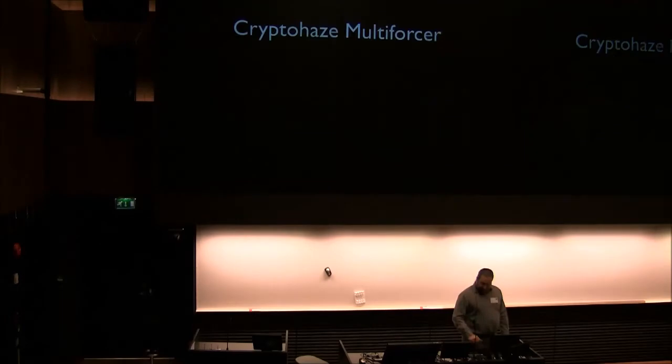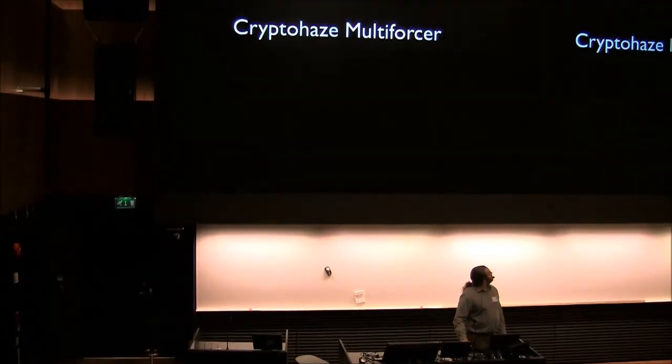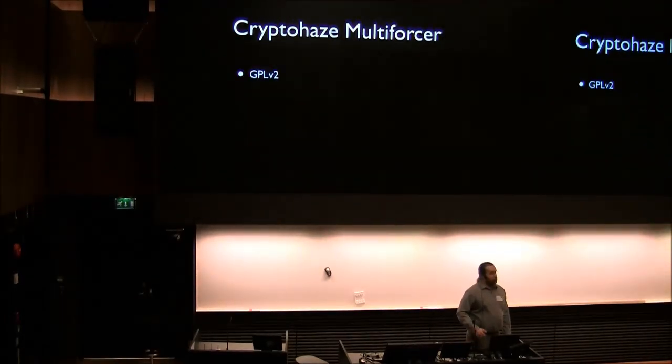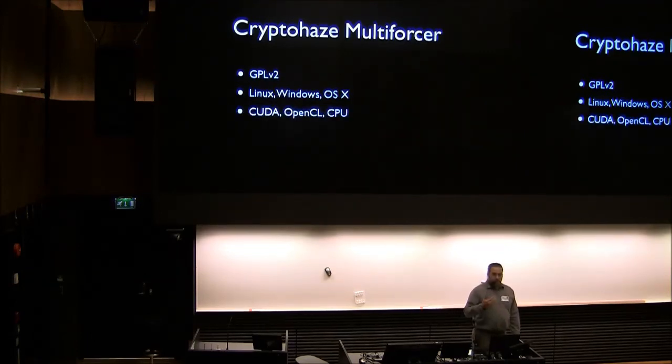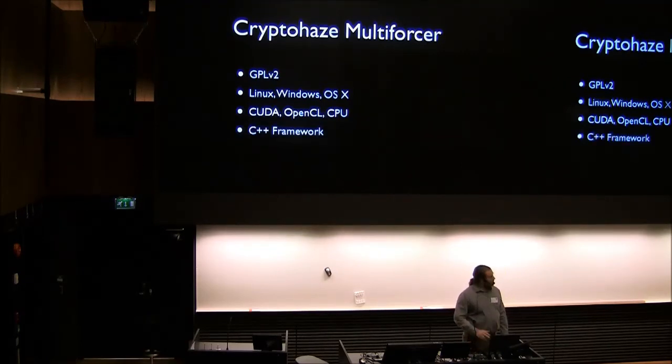So the multi-forcer in its current state is a GPL v2 open source tool, currently supporting the 3 major platforms that most people use, with, as I mentioned, CUDA, OpenCL, and CPU support, written in C++ with the appropriate compute languages at the end.